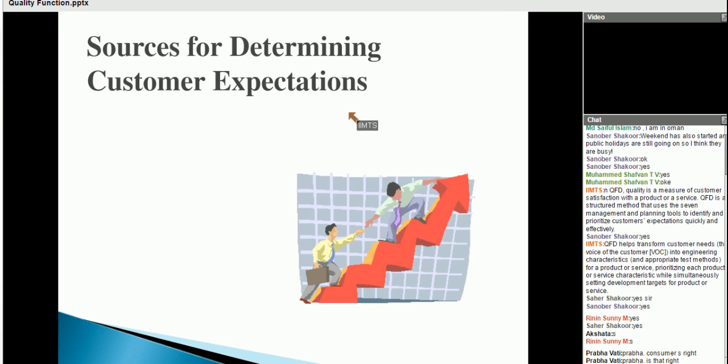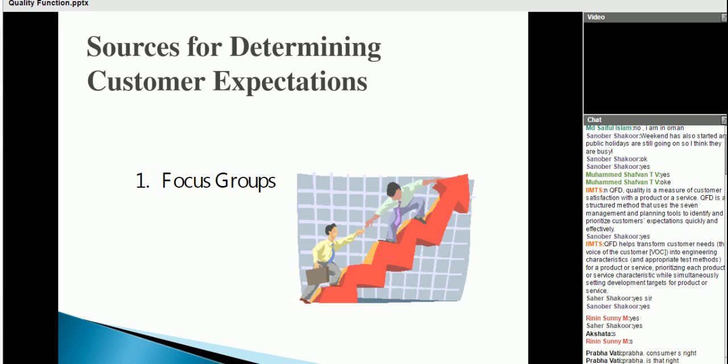Sources for determining the customer expectations. Now, how to find out the customer expectations? Let's see. Number one is the focus groups. What is a focus group?